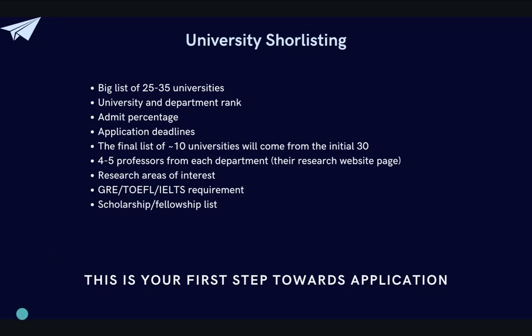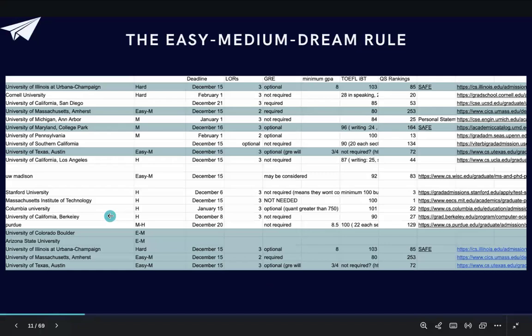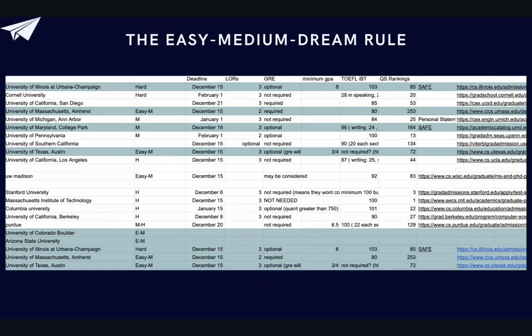And then I would suggest you make an Excel sheet. We encourage our students to make an Excel sheet where the leftmost column has the name of the university, and from column 2, 3 onwards all the details of that university are mentioned. You should leave column 2 blank, because we are going to fill that at the very end.